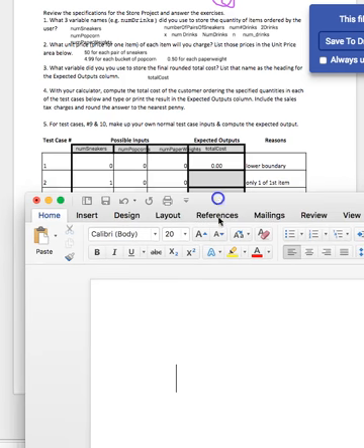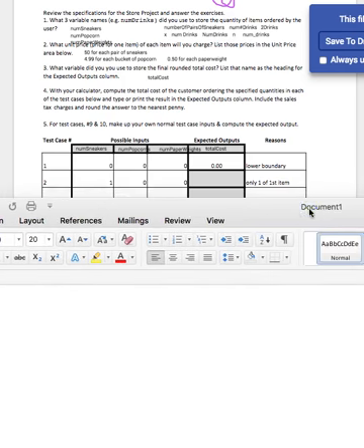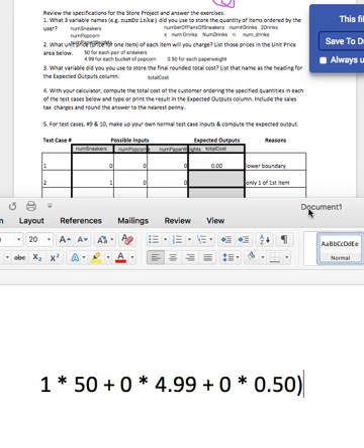I just did test case number 2, which is 1 times, I like to use the asterisk for multiplication in computer science, times $50 each plus 0 times $4.99 each plus 0 times 50 cents each. Now, if you like to use parentheses like some algebra teachers, feel free to put parentheses around the things that are being multiplied.